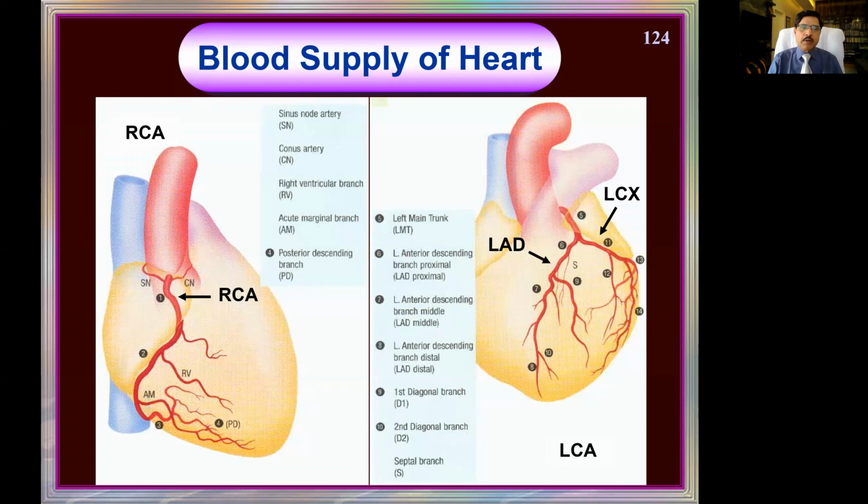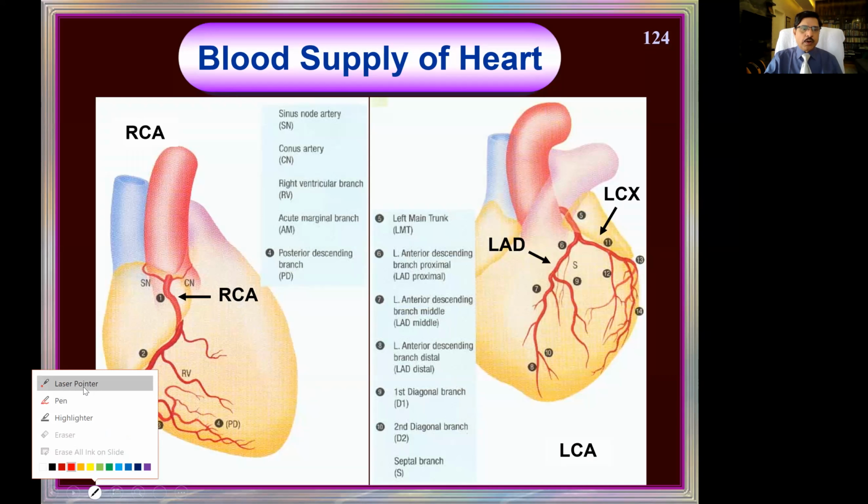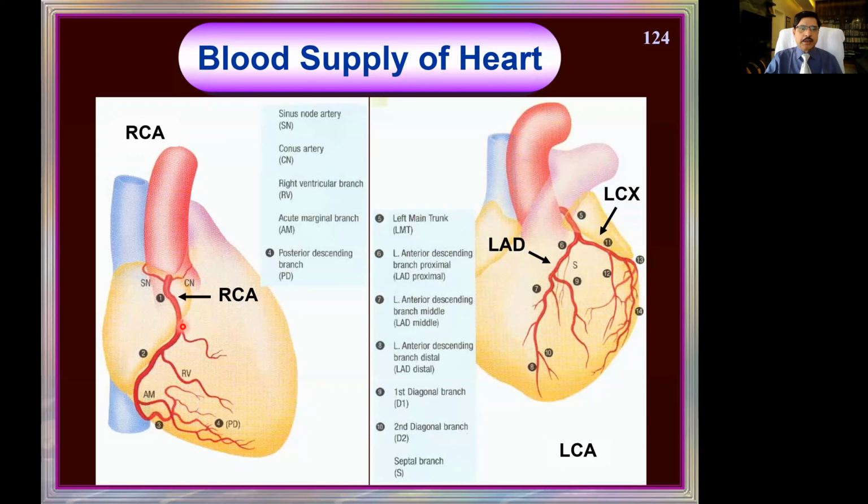Remember, the coronary arteries directly arise from the aorta, right? The epicardial blood vessels are basically the RCA, right coronary artery, and then the left coronary artery. This is the RCA here, and the left coronary artery, left main, it is called the left main coronary artery.